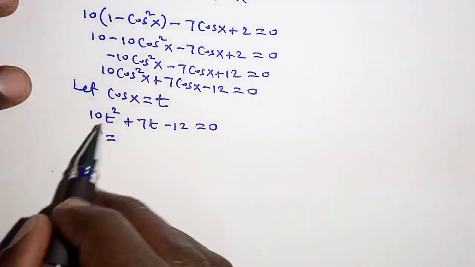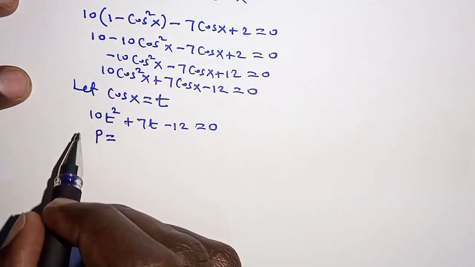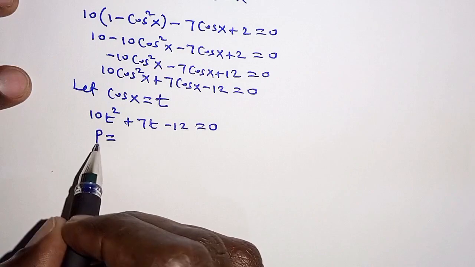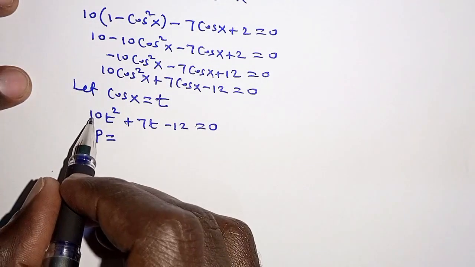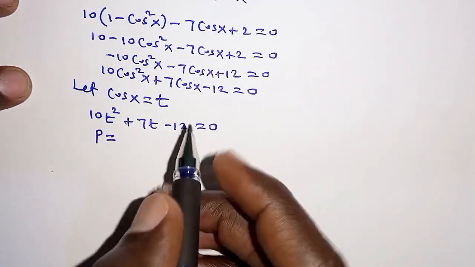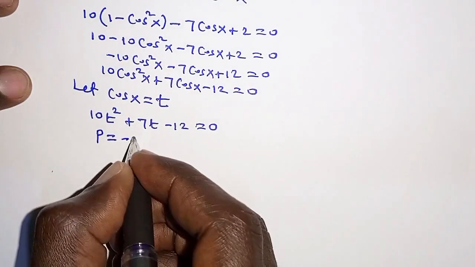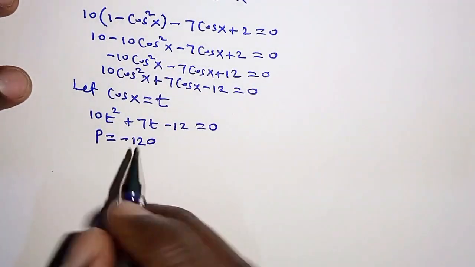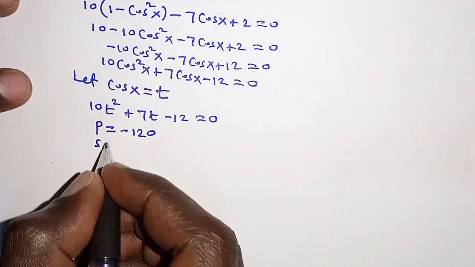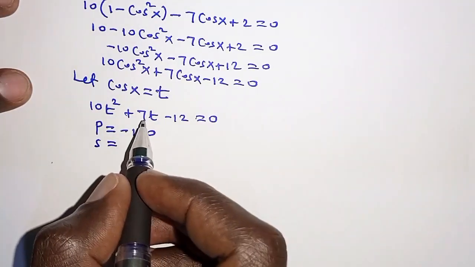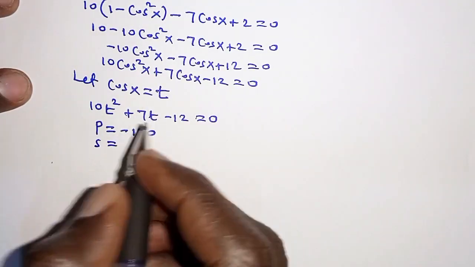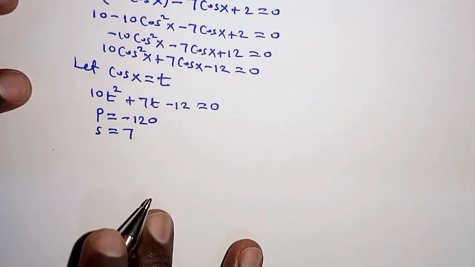Now we're going to look for two factors such that their product will be equal to the product of 10 and negative 12, which is negative 120. And then the sum should be equivalent to the coefficient of the middle part, which is 7.